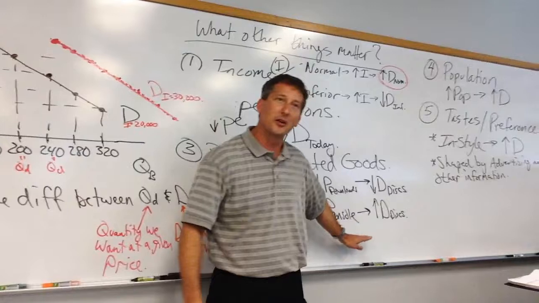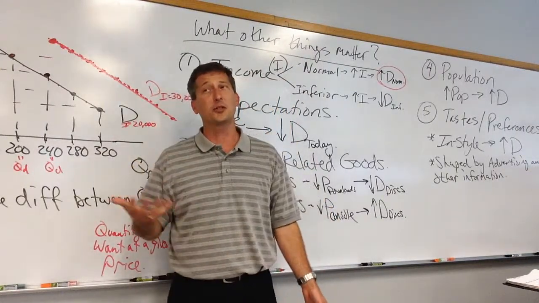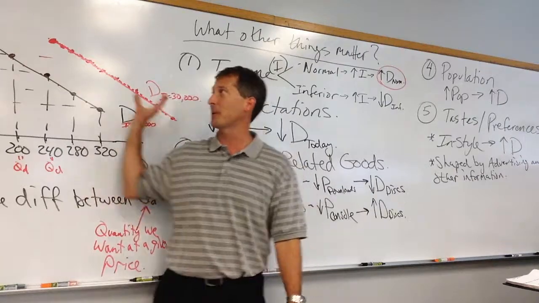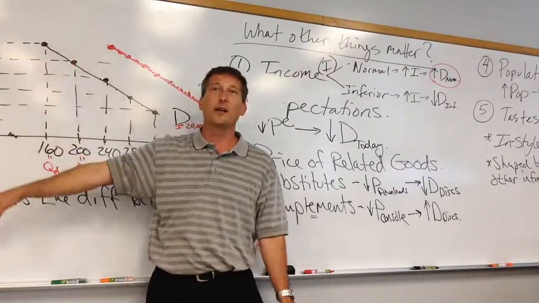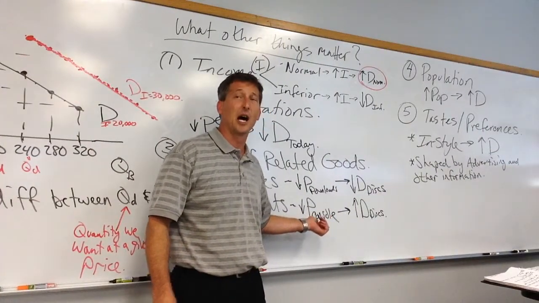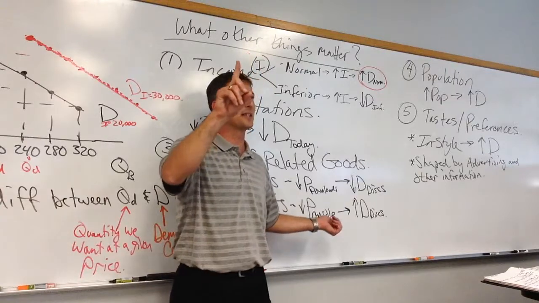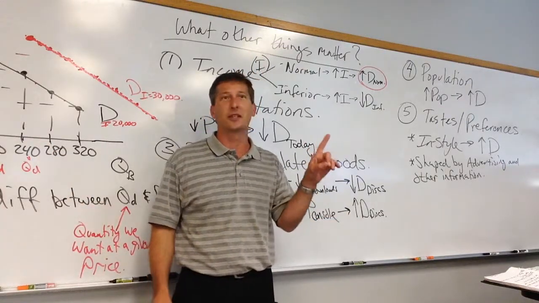So if you're one of those consumers, and you may not be, but as long as there's a few consumers who behave this way, and we have a population of 100,000 people, maybe we're in a lot bigger city than Ottawa, right? If the price of pretzels goes up, they're like, well, I'm not going to be buying as much beer. I'm just going to shift into some Jack Daniels.